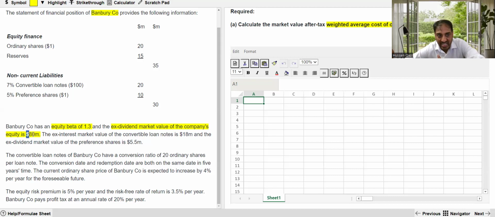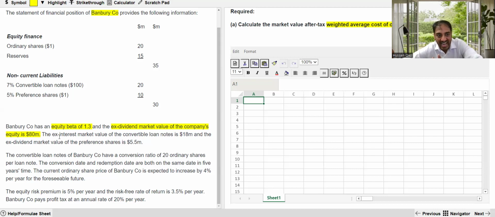So if total $80 million equity market value and $1 par value and 20 million book value, that means the number of shares is 20 million, book value divided by $1. So $80 million divided by 20, that's $4 per share, the market value.